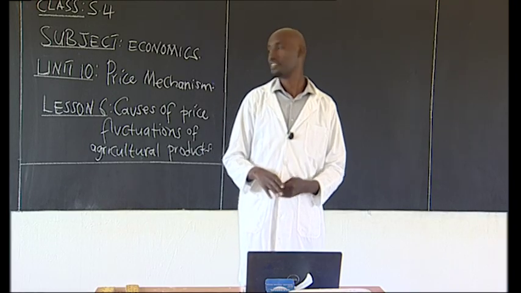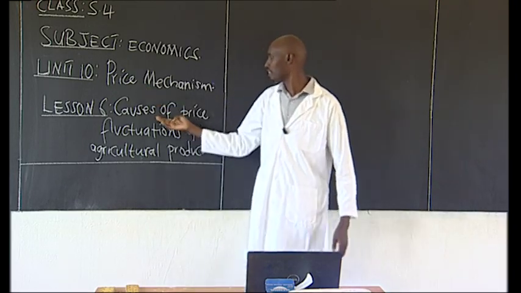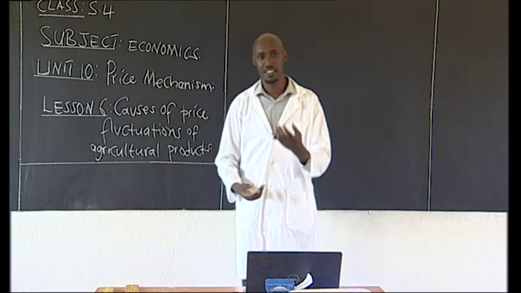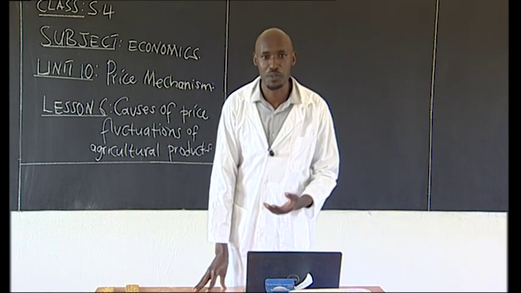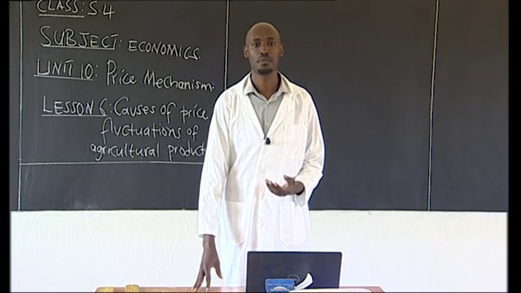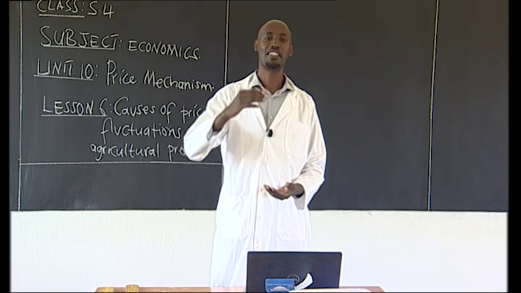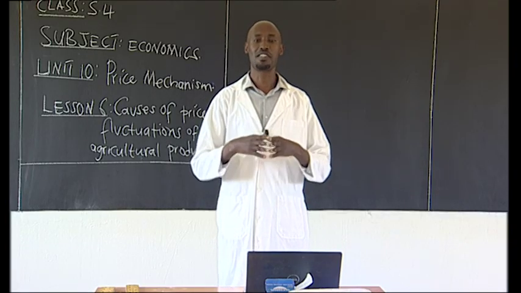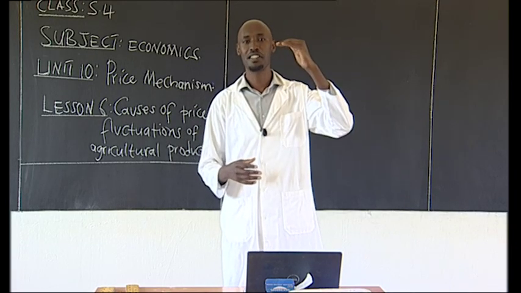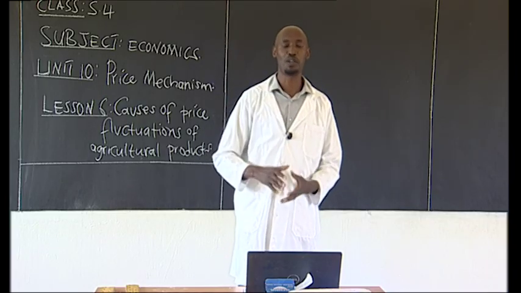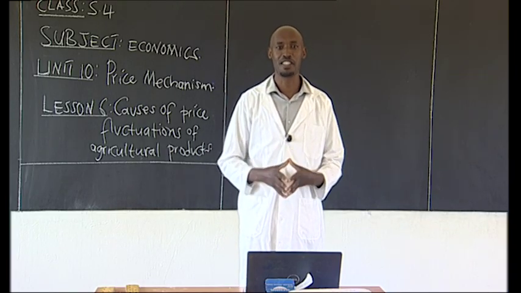Reduce. So that is what we looked at. But price fluctuation, who can define it for me? Excellent. We said that it's where prices increase and fall. So there is up and down of prices. Prices are not stable.